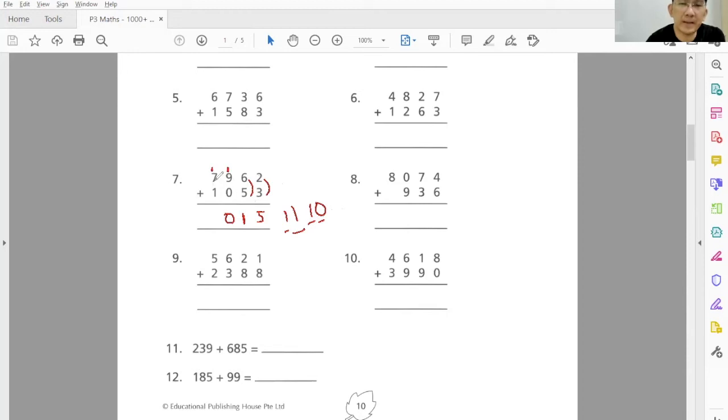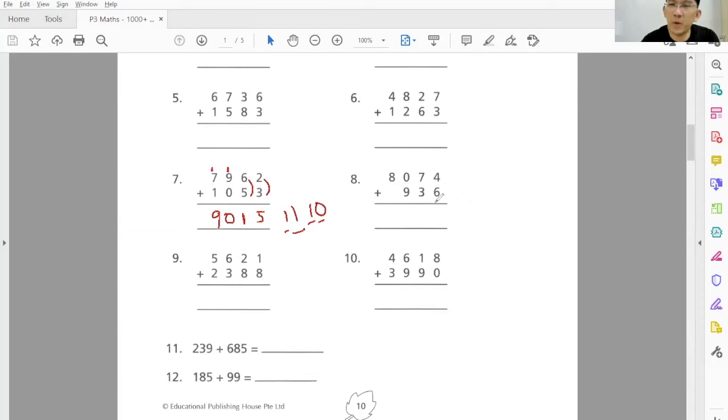Okay, finally, we are doing this one. 7 plus 1 is 8, plus 1 on top is 9. So the answer to 7,962 plus 1,053 is 9,015.